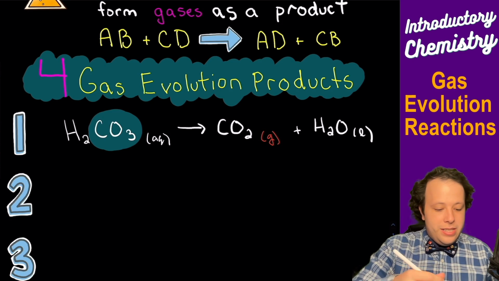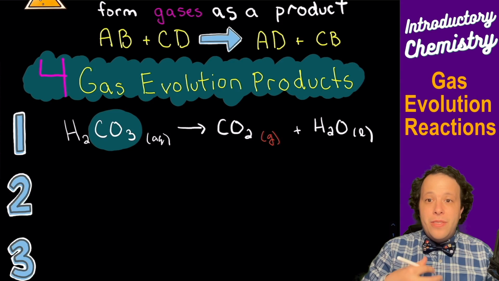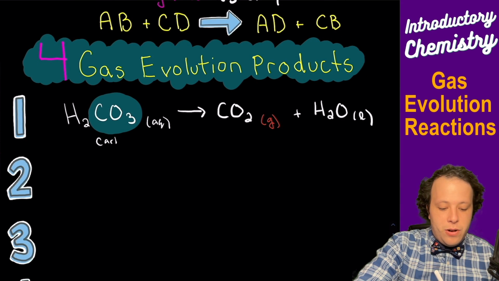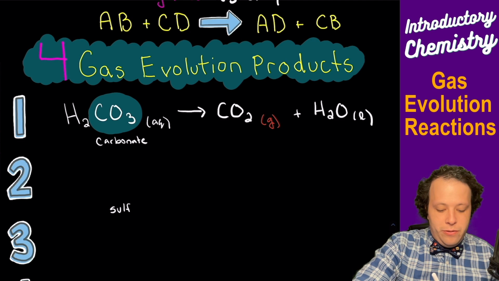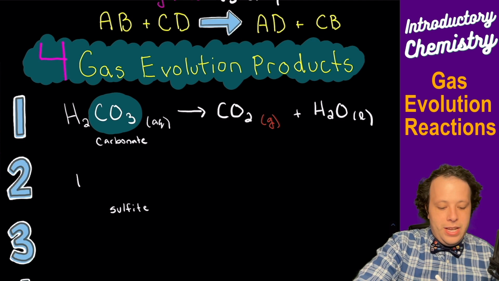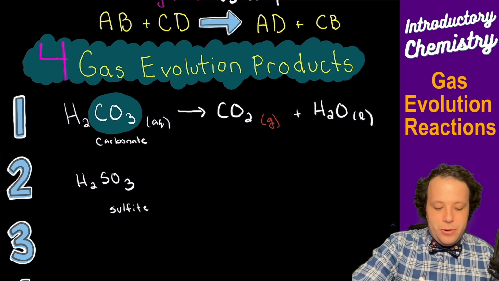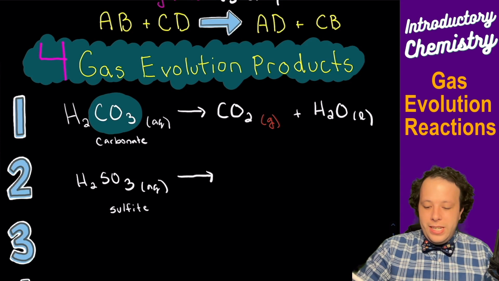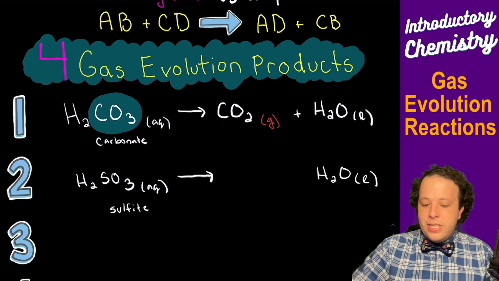Now, another big type that we're going to see is whenever we have the polyatomic sulfite. So let's label these. We have carbonate. Our next one is whenever we have sulfite. If I have H2SO3 as an aqueous product formed in a reaction, once again we're going to be making water as one of our products.